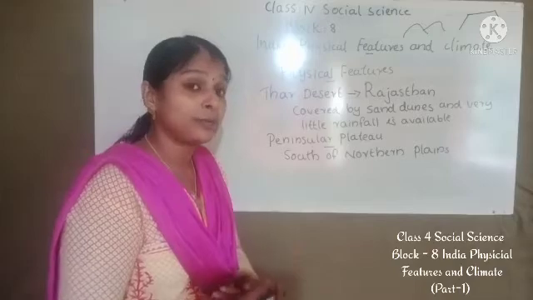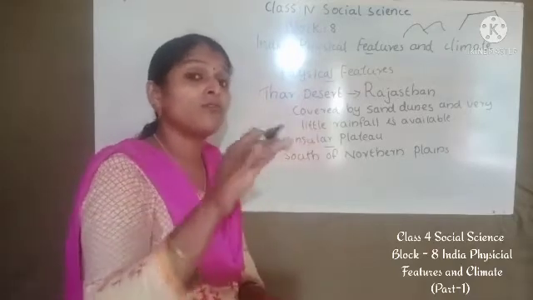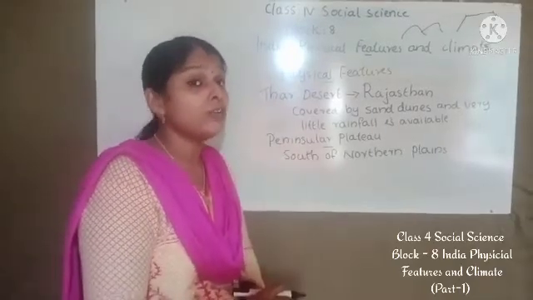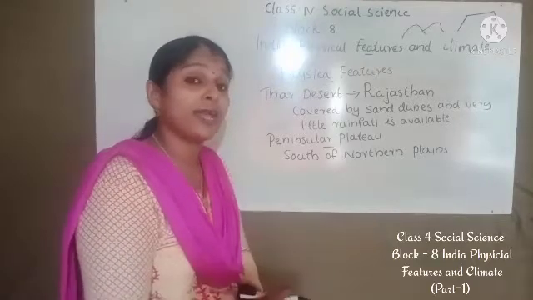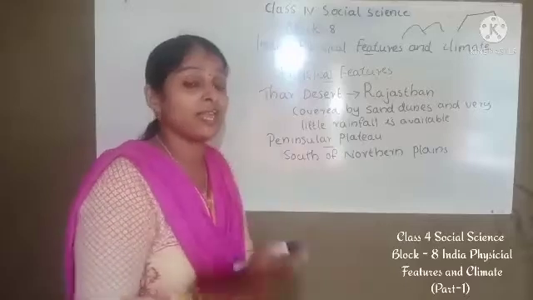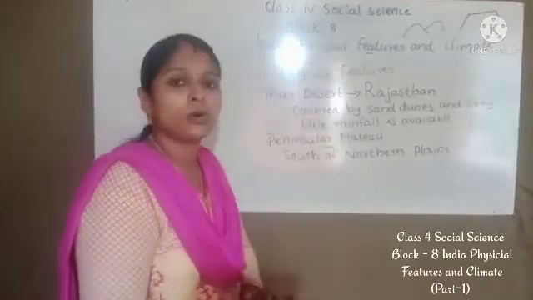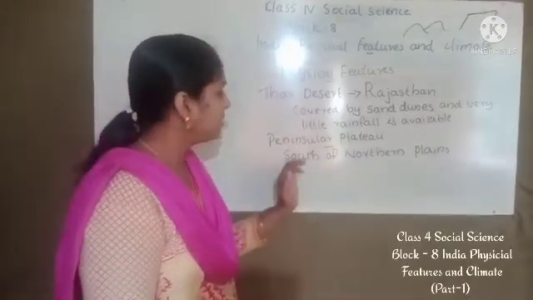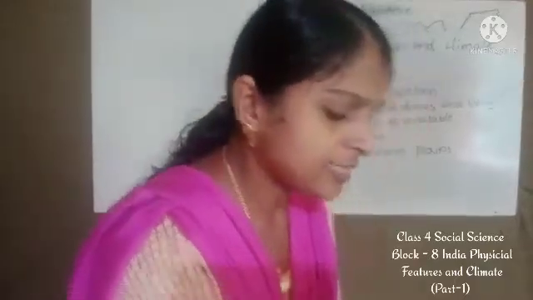Why is it called tableland? Because the top part of a plateau is flat like a table. Then where is the plateau, children? Plateaus are this triangle shaped area.